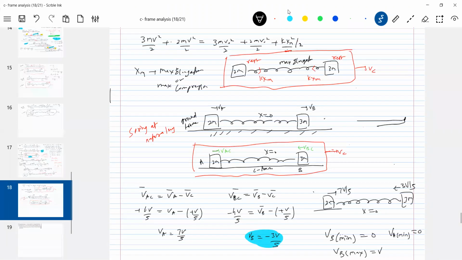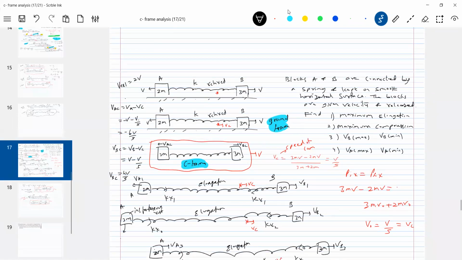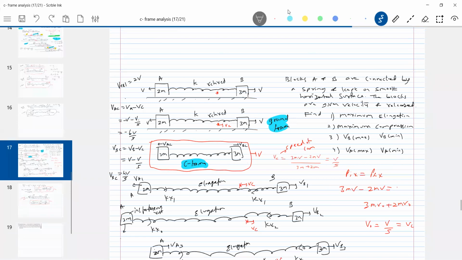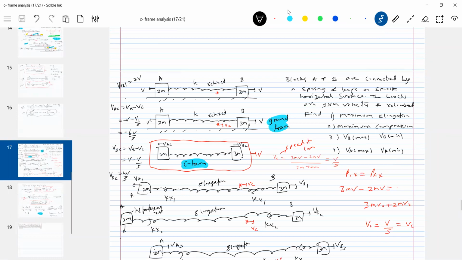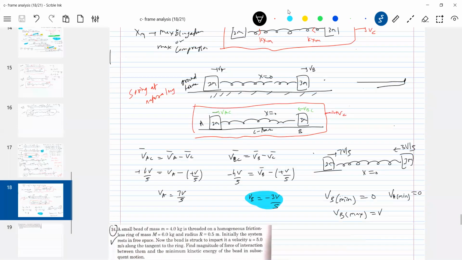What about the maximum speed of the block A? Equal to V only. This is the maximum projected speed what we are having, no? So what is the maximum speed of this will be again?